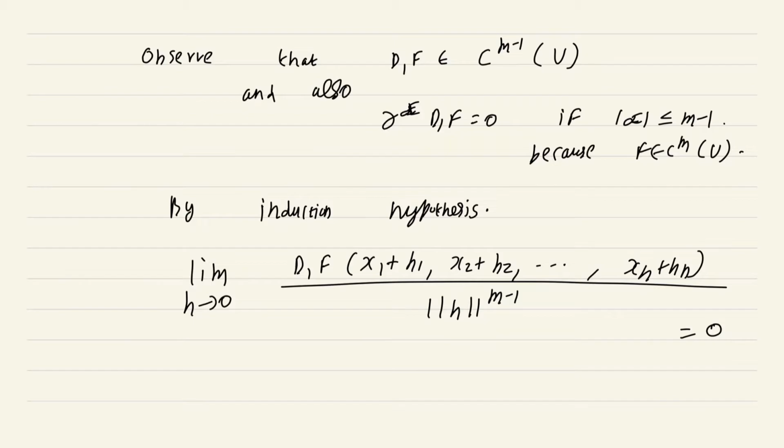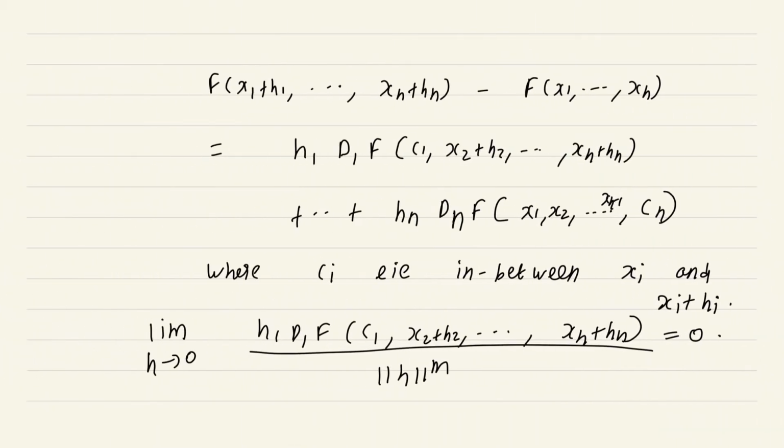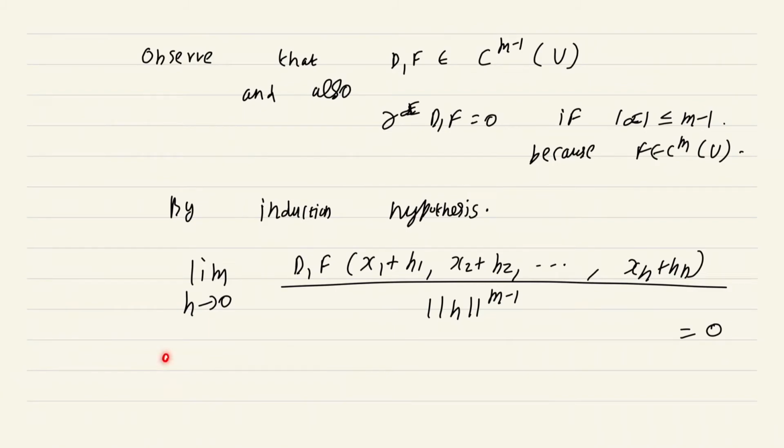Now the term that we have is somewhat different. The term we have does not have x1 plus h1, rather it has this pesky c1. Now write c1 as x1 plus t h1, with 0 less than t less than 1. We can do this because c1 lies between x1 and x1 plus h1.